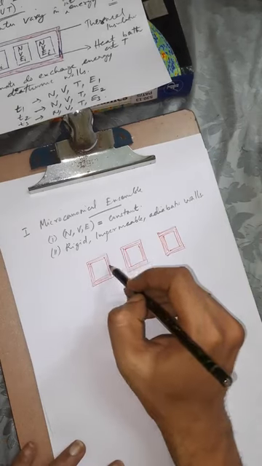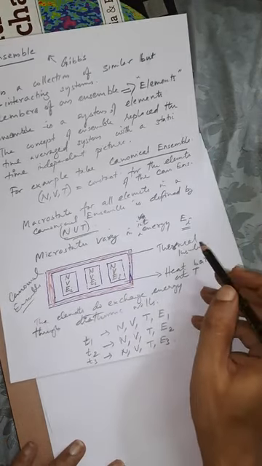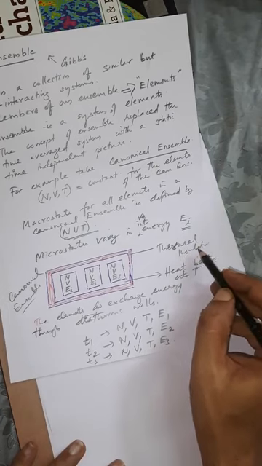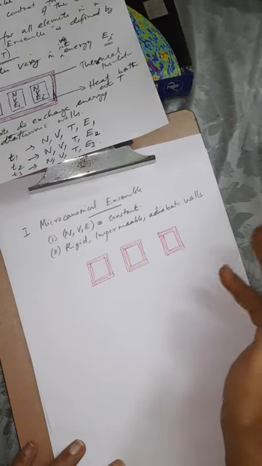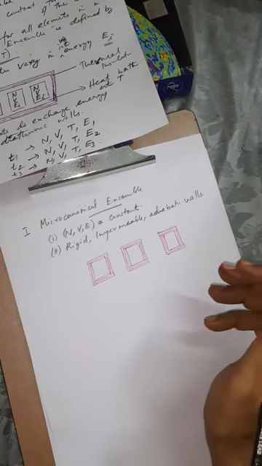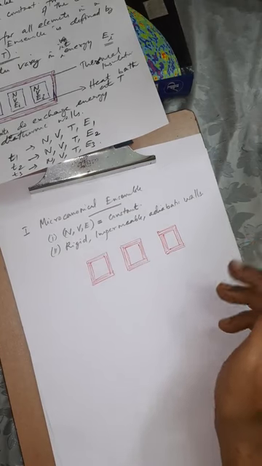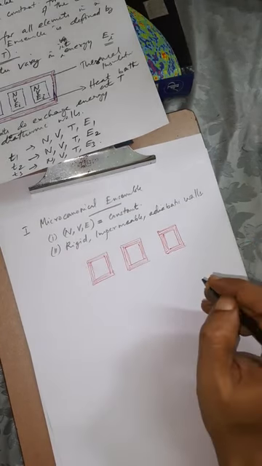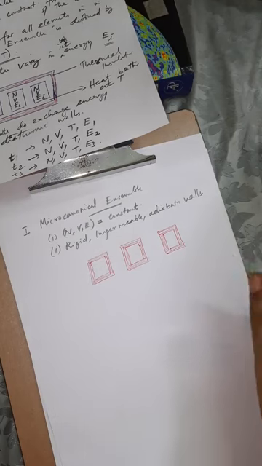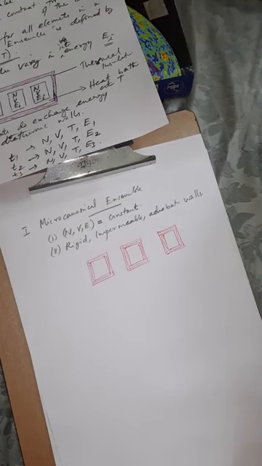So what does this red thing represent? It represents the thermally insulated walls, which means I don't allow the energy or the temperature to get into the system, or I don't allow the energy to change inside. But here, what do I allow?